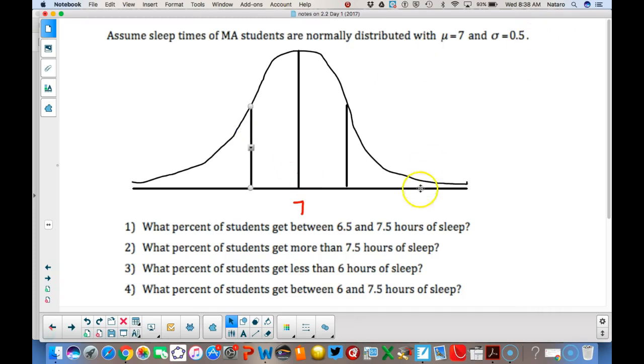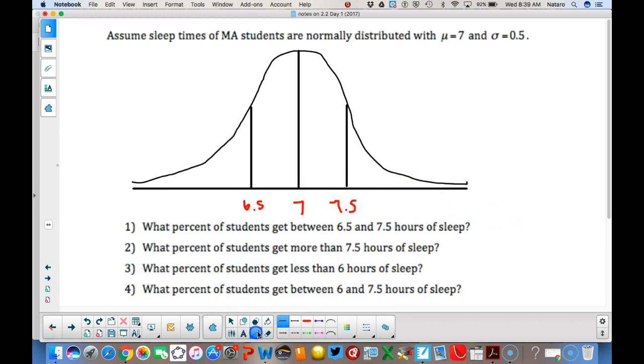Since our standard deviation is 0.5, if I add 0.5 to 7, I'd have 7.5 here. And if I subtract 0.5, I'd have 6.5 over here. So I've just labeled 1 standard deviation to the left and right.